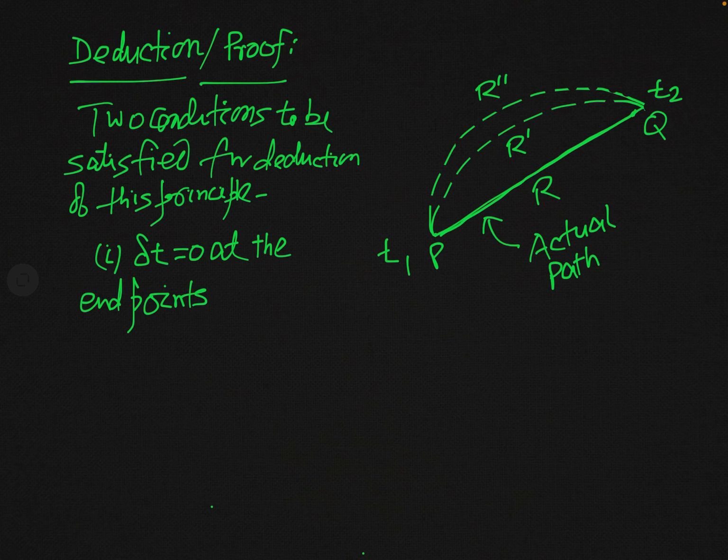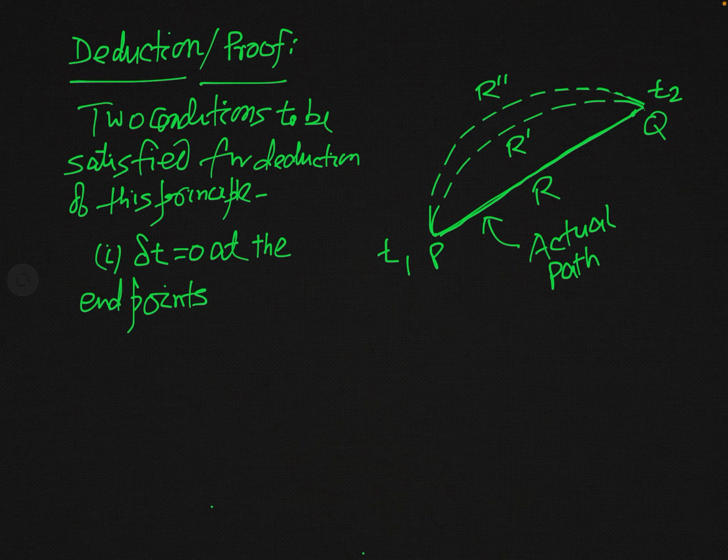When you say that delta t must be 0 at the end points, what does it mean? It means at time t1 the particle must be at P, and at time t2 it must be at Q. So the particle will always be at P and Q, whatever the path followed by the particle may be.